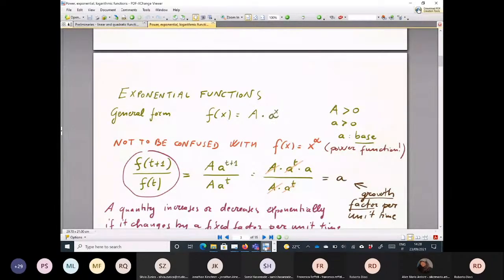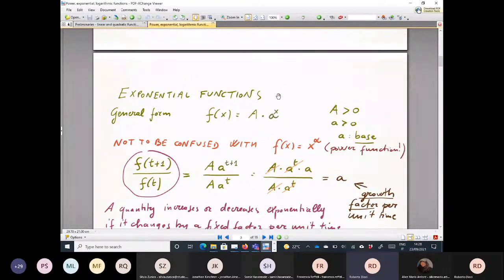Let me say something about the exponential function. Exponential functions are one of the most important classes of functions in economic applications and in applications to all applied sciences.